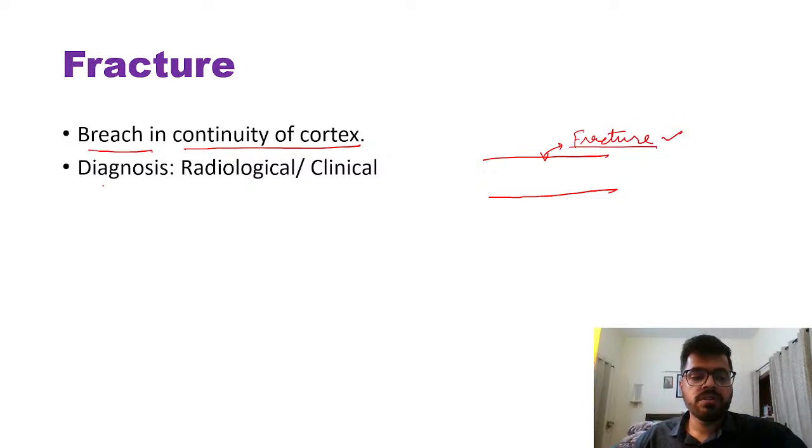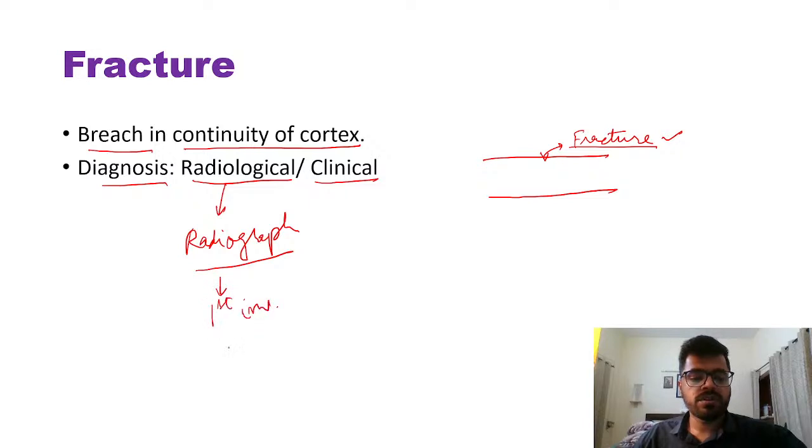So how do we diagnose a fracture? Simply there are two ways. One is radiologic, another is clinical. Radiologic, we just get an X-ray done, a radiograph done. This is usually the first investigation we do in orthopedics.